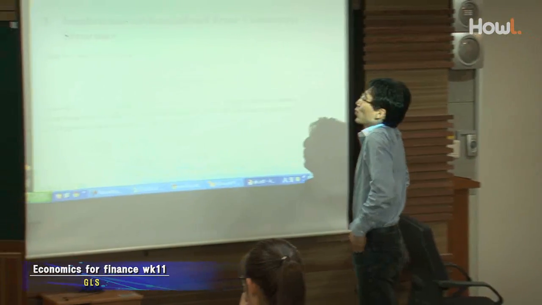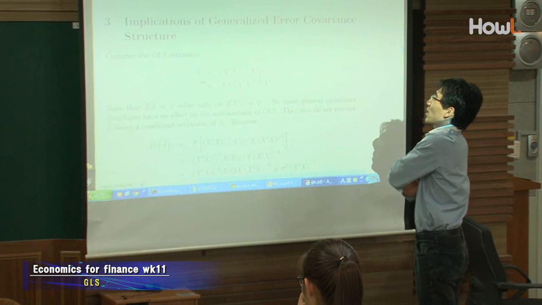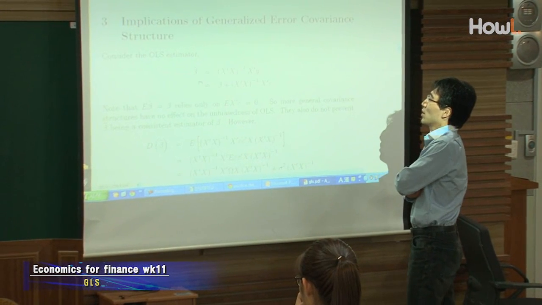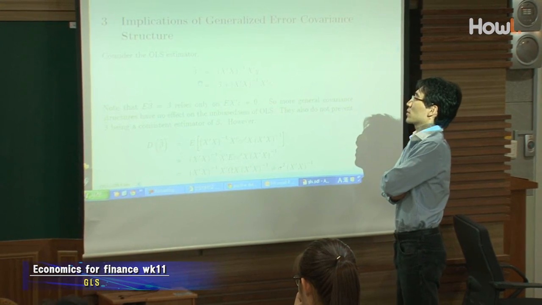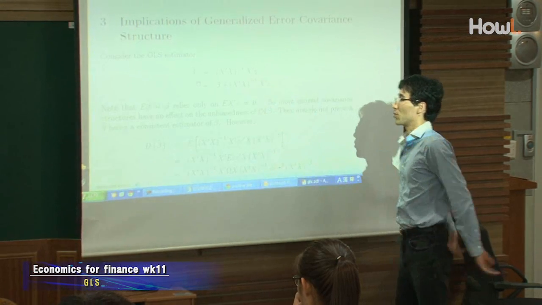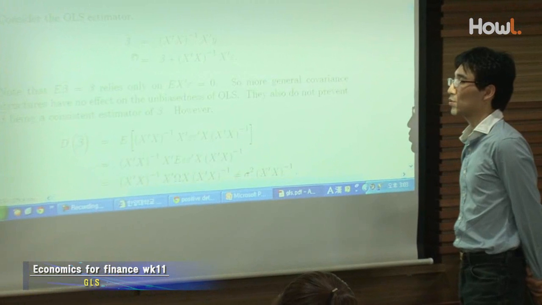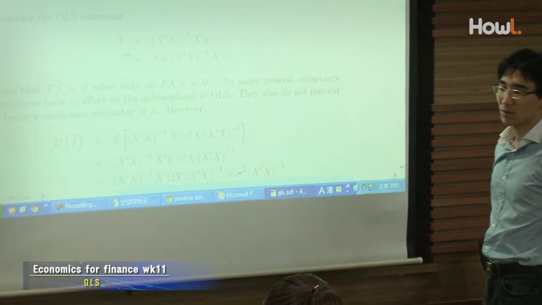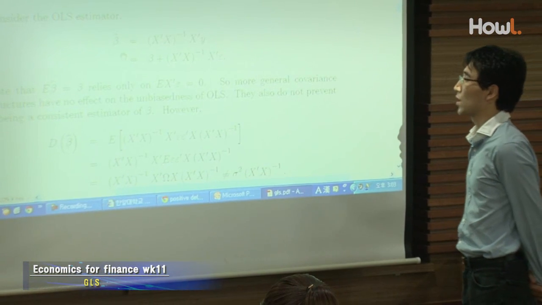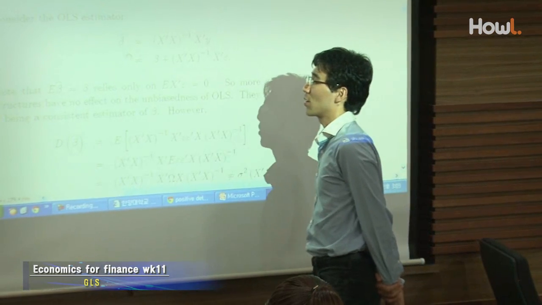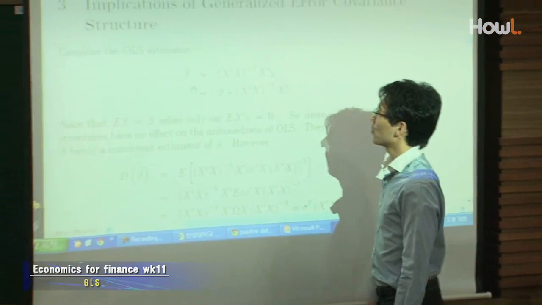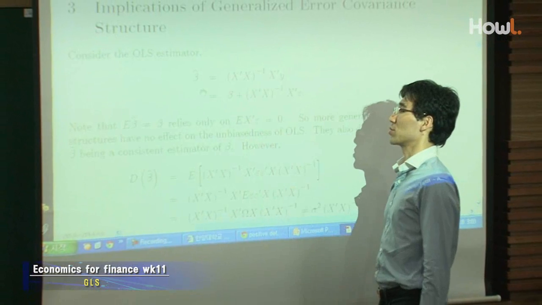So again, consider the OLS estimator. So beta hat is (X prime X) inverse X prime y. And y is X beta plus epsilon, so it can be decomposed like this. If we compute the expected value of beta hat, the expected value of our estimate, then it is still beta, okay? Because the expected value of X prime epsilon is 0, right?